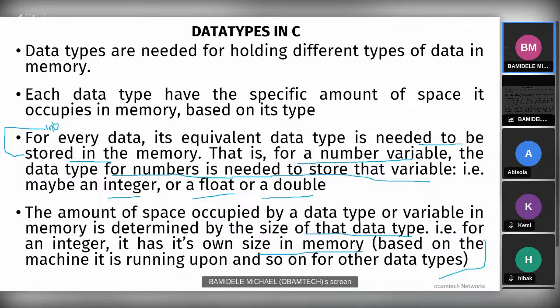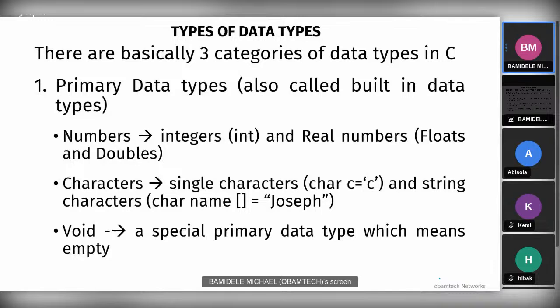Moving forth, there are basically three categories of data type in C, and this is where it is becoming interesting. We have primary data types, also known as built-in data types. Examples of primary data types are numbers, characters, and void. Under numbers, we have explained this over and over: integers and real numbers.